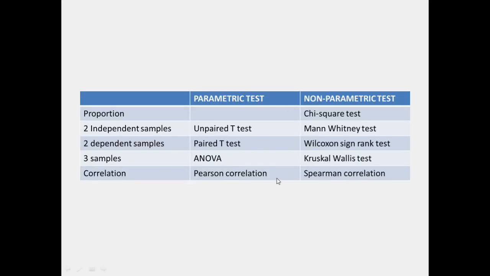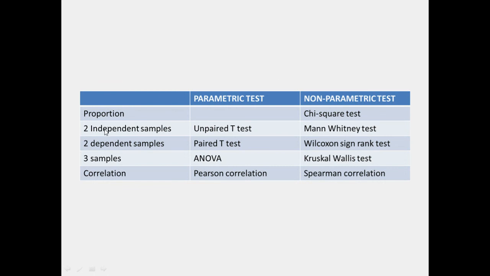Here there is a table which shows the parametric tests and the non-parametric tests used in these situations. So I'll just explain it. In case you have to assess the difference in proportion between two groups, you have to use the chi-square test, which is a non-parametric test.